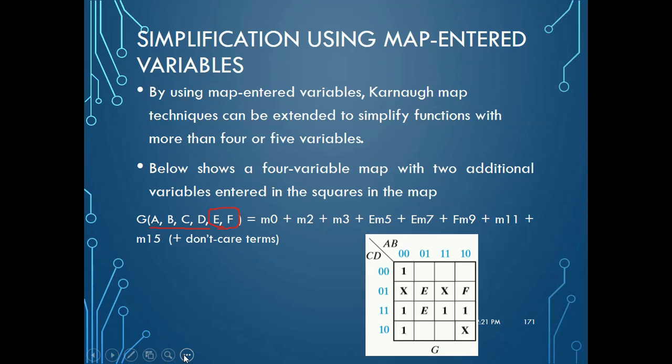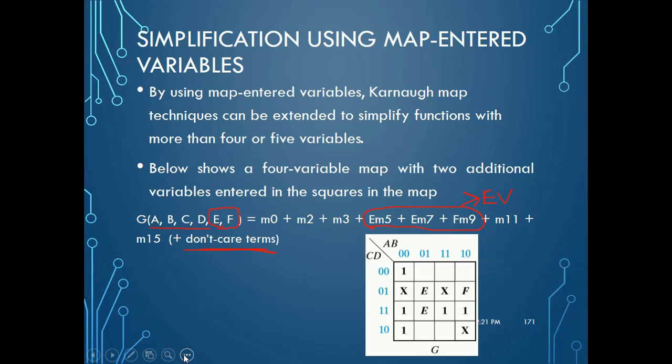In the expression you see M0 plus M2 plus M3, and it also includes the entered variable terms, that is E times minterm 5, minterm 7, minterm 9, which are the entered variables. That also I'm going to include here. And you also have some don't care terms that I'm not going to write here inside the K-map.